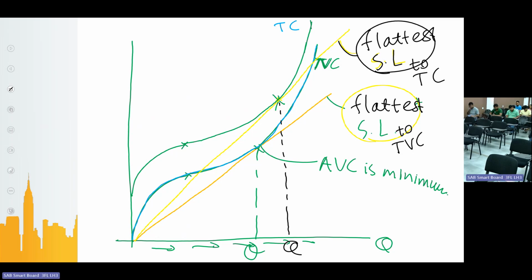So since we have the flattest straight line to TVC at this level of output, AVC is minimum. Since we have the flattest straight line to TC at this level of output, ATC, average total cost, is minimum.